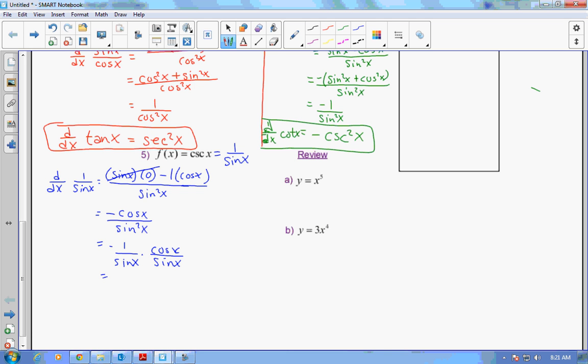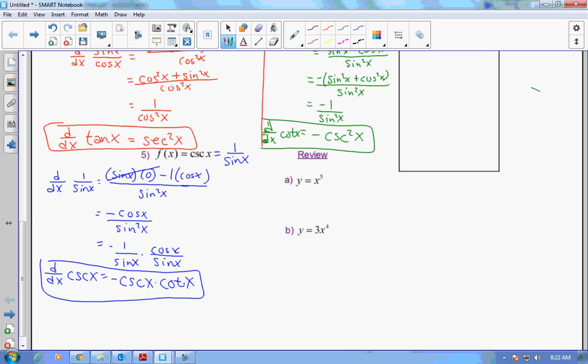Negative cosecant. So negative cosecant x, and then cosine over sine is cotangent. And this is the derivative of cosecant. So it's interesting, the derivative of cosecant actually has cosecant in it. So the derivative of cosecant is negative cosecant x times cotangent x.